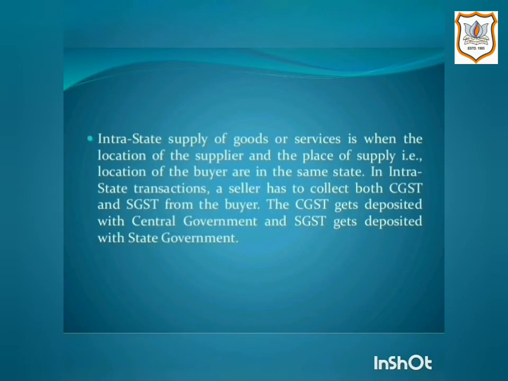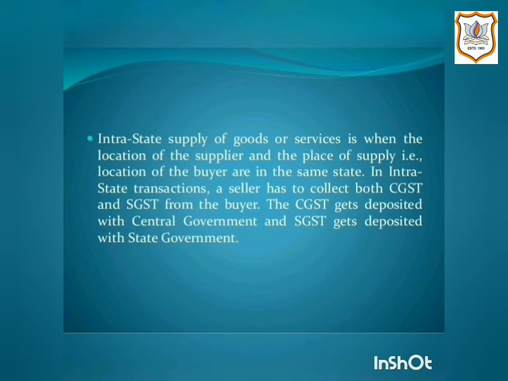So let us see first what is intrastate. Intrastate means within the state, that is, if transaction is taking place within the state, that means both buyer and seller belong to same state, is called intrastate supply.